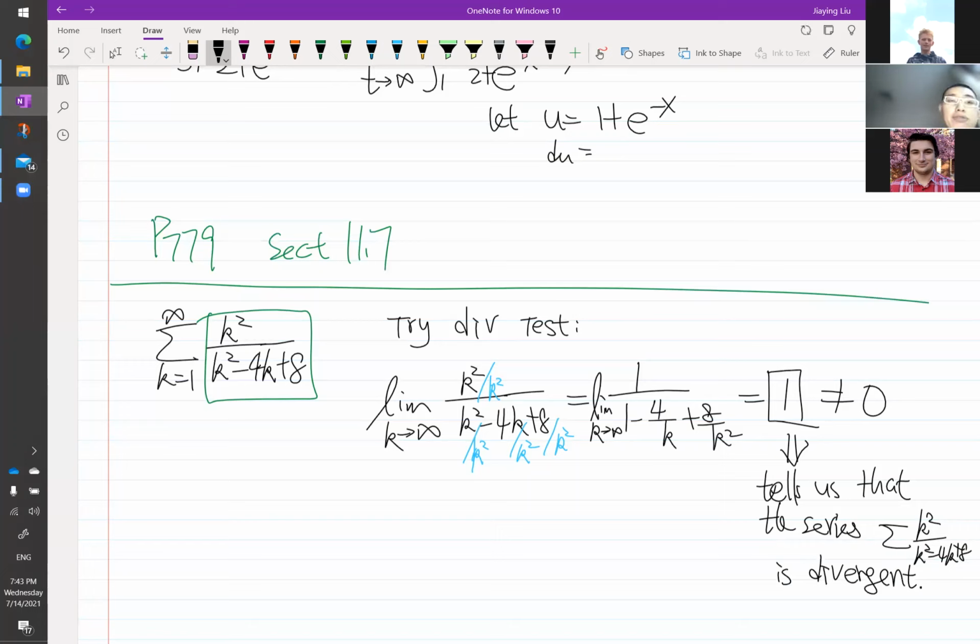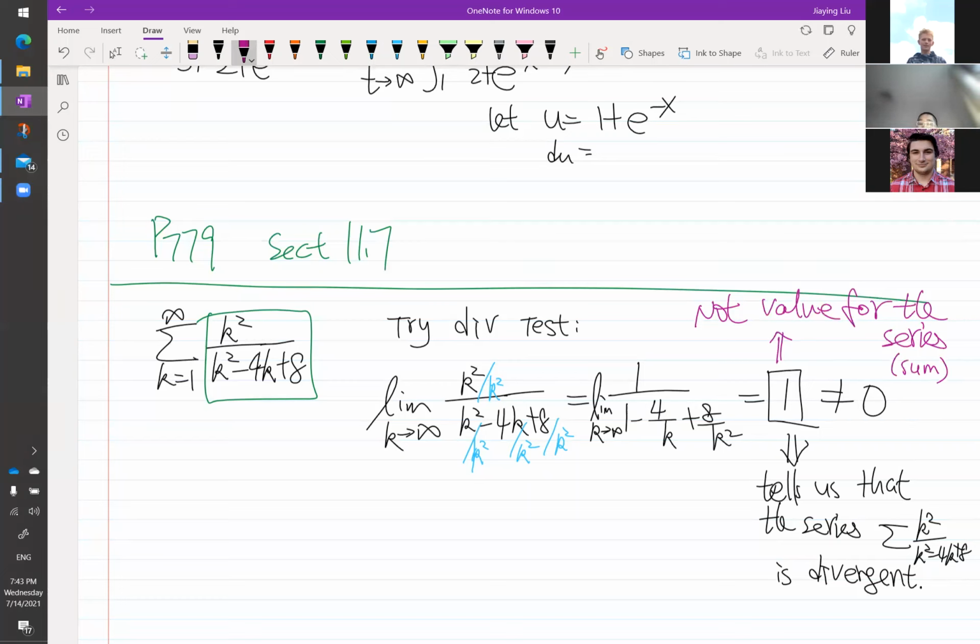It's not the value for the sum of the series. So this 1 is not the sum. We did not find the value for the sum.